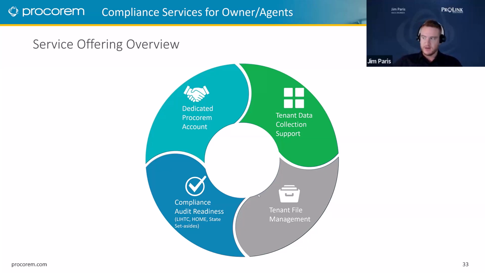And if you do get audited by the state, it would be as simple as inviting them as a collaborator into that Procorem account, into those Procorem work centers, so they can view the records that you have on file for any of your tenants or your units. That leads us to compliance audit readiness.